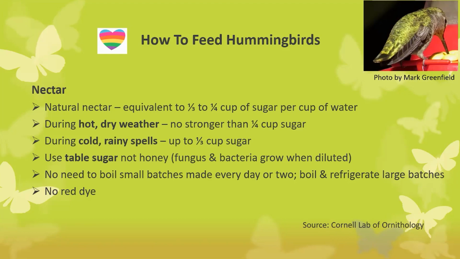And use table sugar, not honey, because when honey is diluted, it is a perfect medium for growing fungus and bacteria. And when the weather is really cold, for example, to feed the overwintering Anna's hummingbirds, up the quantity of sugar to 1/3 cup per cup of water.